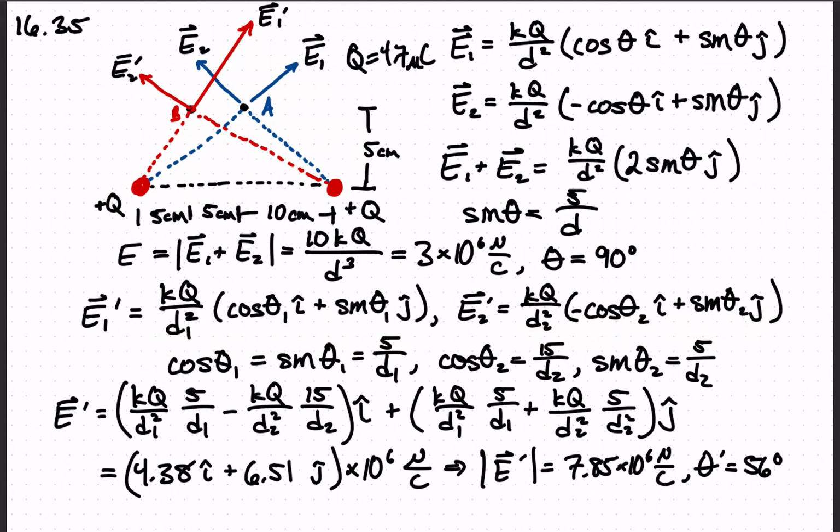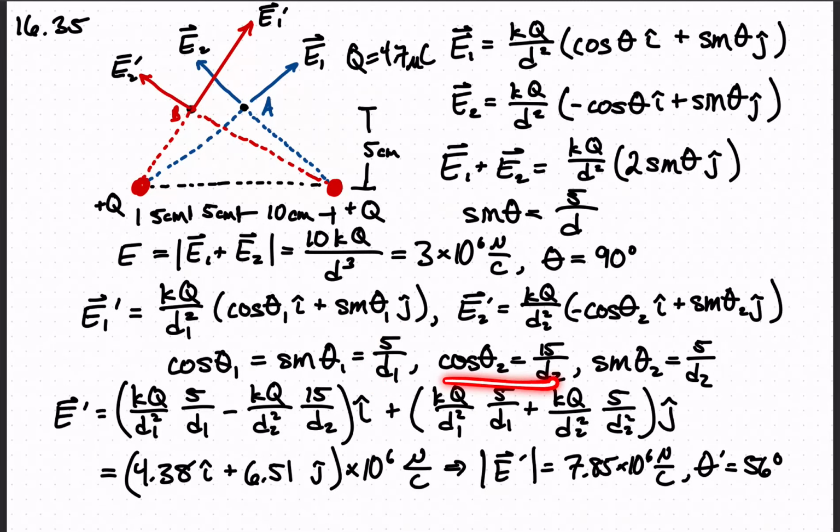We can also use some trig identities to get sines and cosines in terms of our dimensions here. So this one is 45 degrees, so cosine of theta 1 equals sine of theta 1, and those are both 5 over the distance from this particle to the point here.